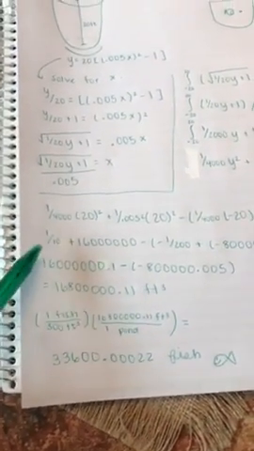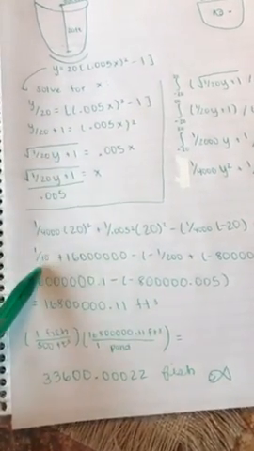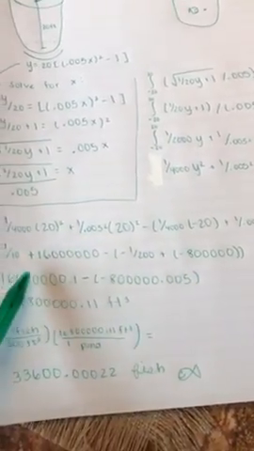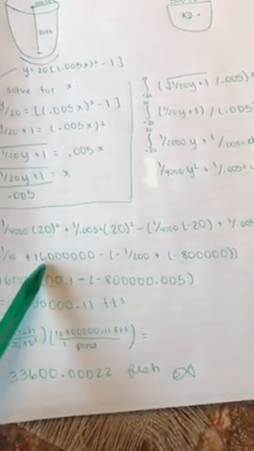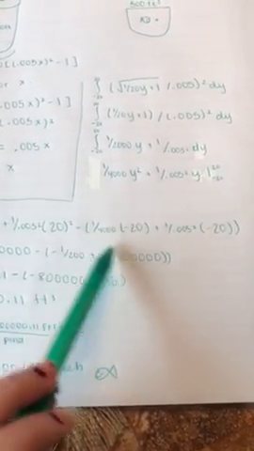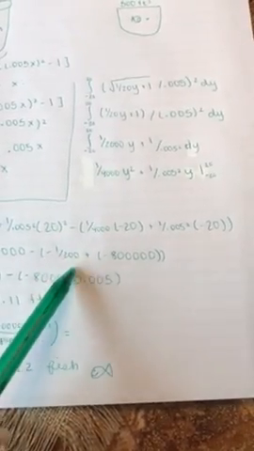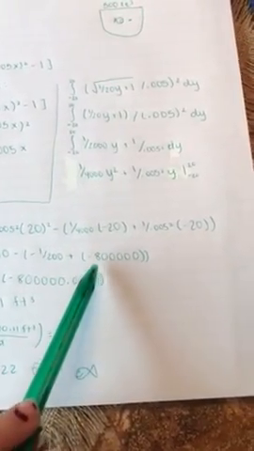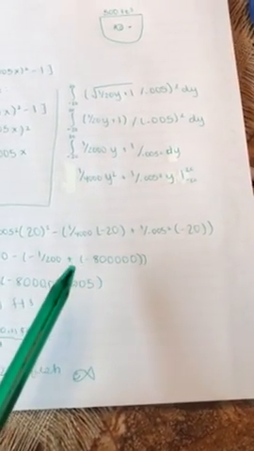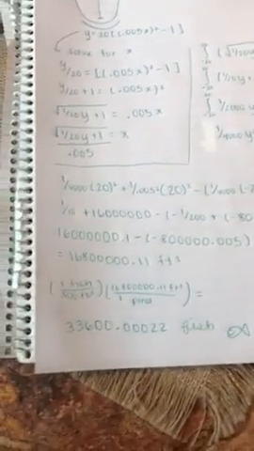This 20 squared over 4000 will give you 1 over 10. 20 squared over 0.005 squared will give you 16 with 6 zeros, and we'll subtract negative 20 over 4000, which gives you 1 over 200, and negative 20 over 0.005 squared will give you negative 8 with 5 zeros.